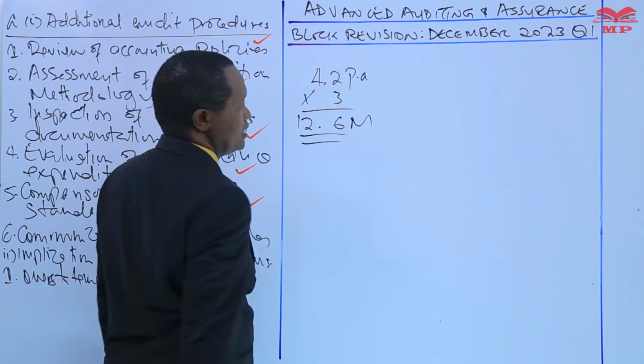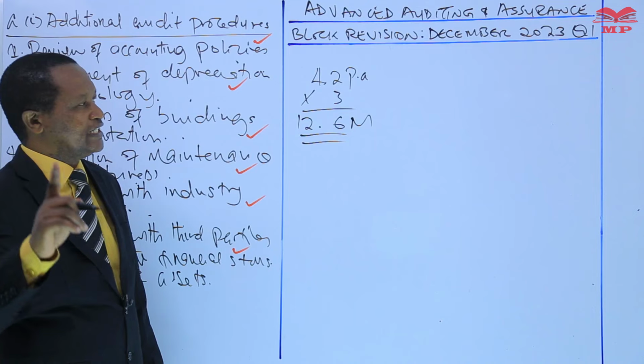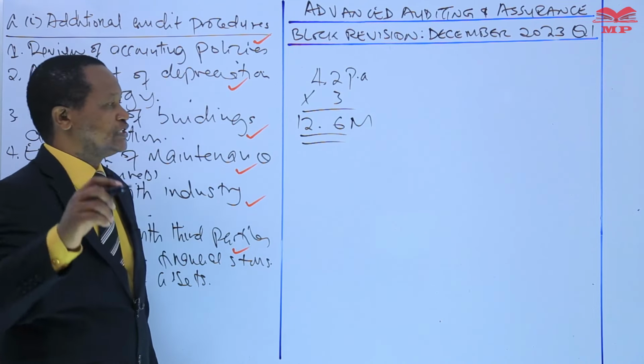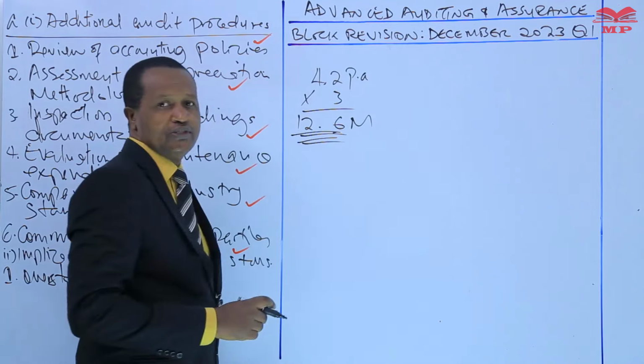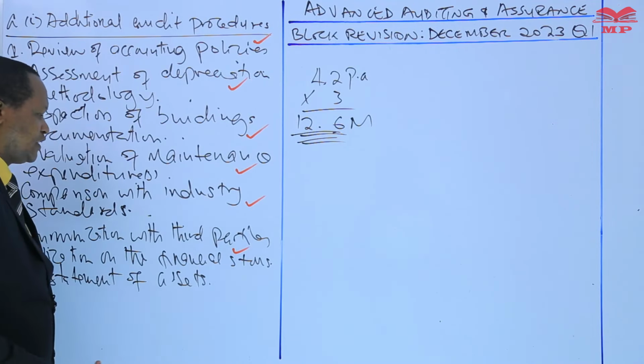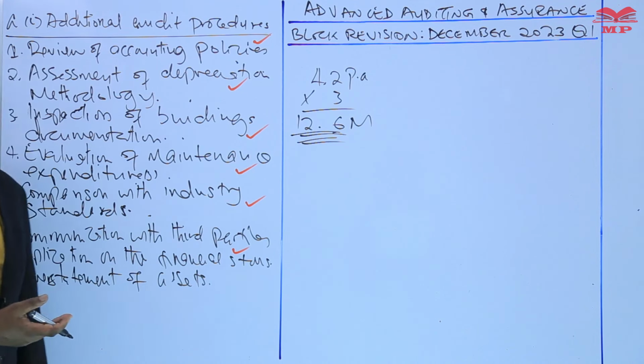So the net assets of 150 million is overstated by 12.6 million. That is the implication of not providing for depreciation on assets by this company.